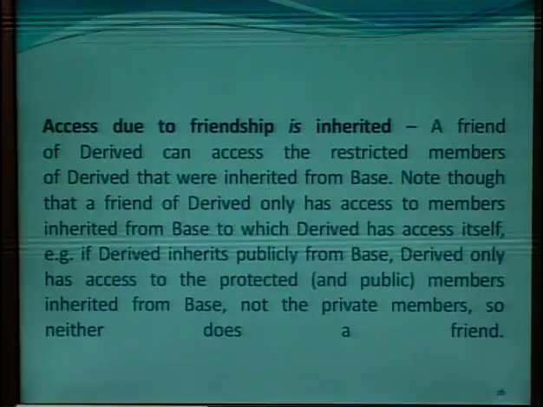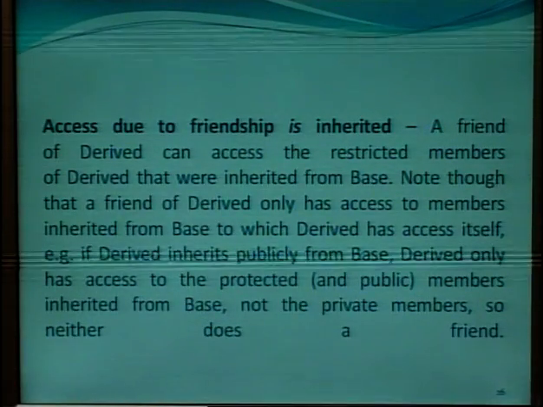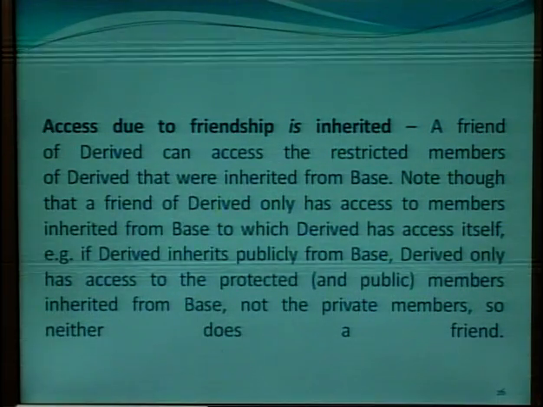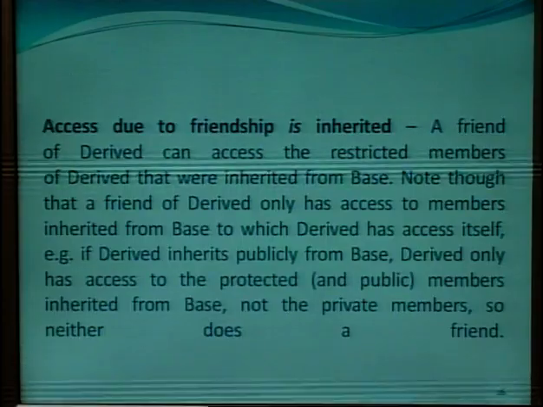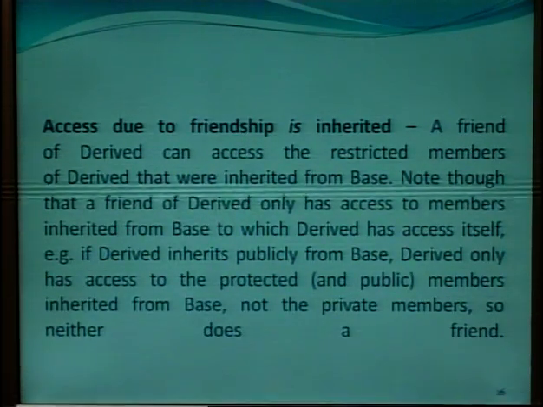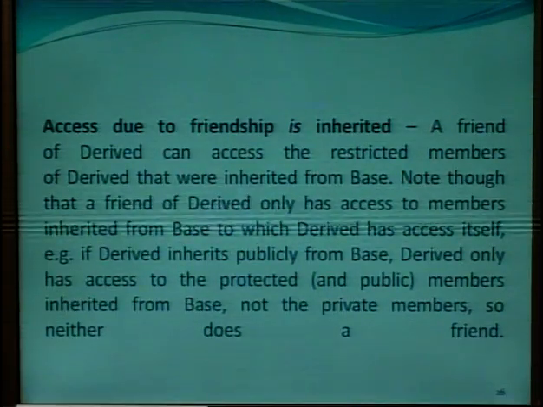Next, access due to friendship is inherited. A friend of derived can access the restricted members of derived that were inherited from base class.